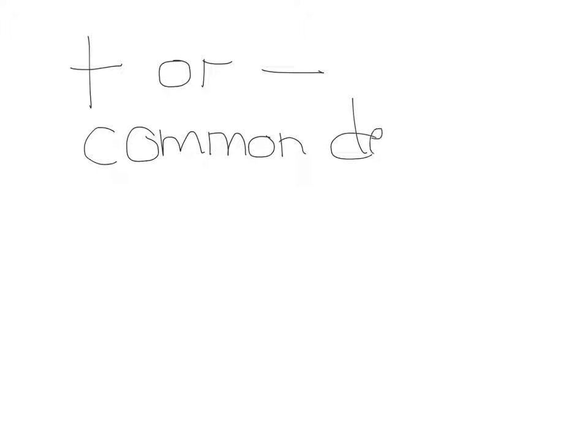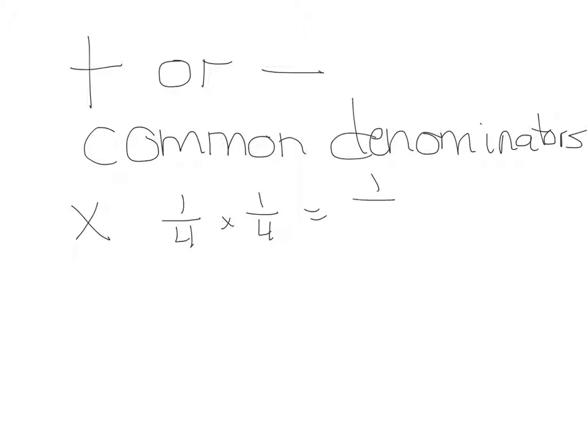Okay, little fraction reminder, adding or subtracting, you have to have common denominators to be able to work the problems out. Multiplying, you can multiply straight across. So 1/4 times 1/4 can give you 1/16. That is okay.